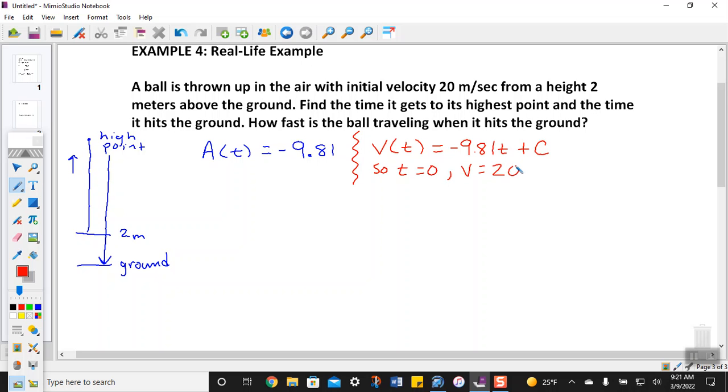If I plug 20 in for my velocity, set that equal to negative 9.81 times 0 plus the c out here. What's negative 9.81 times 0 going to get you? 0. What's that make the c value? 20. So c is equal to 20. Okay, so what's that make our velocity function in the end?